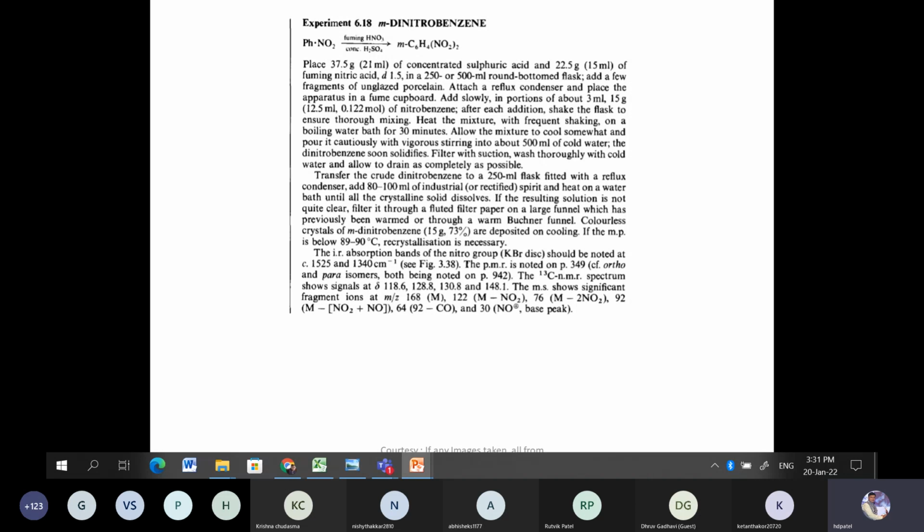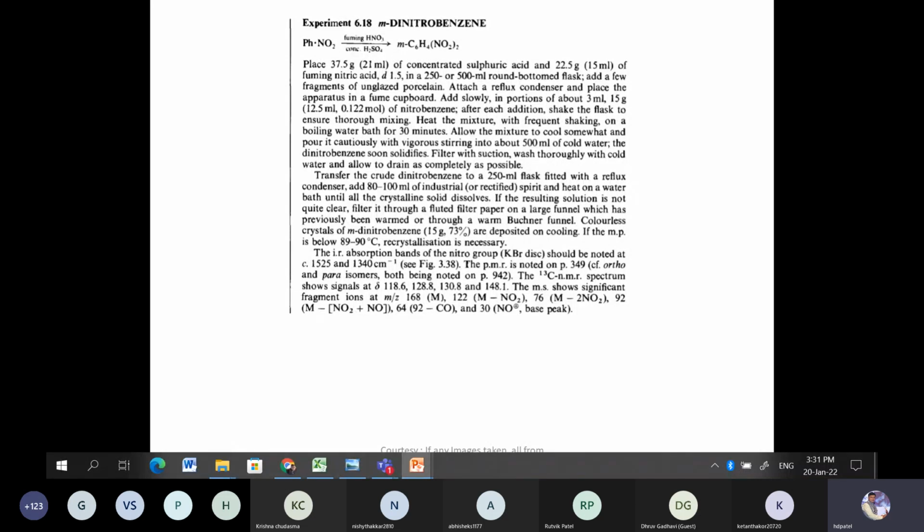As I said, some unreacted nitrobenzene may be present, and as per the reaction mechanism or the directing effect of the nitro group, we will get 6 to 7% other isomers. We have to remove the other isomers by the crystallization method.